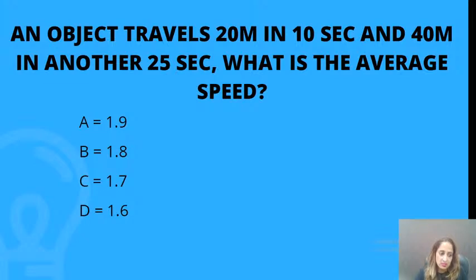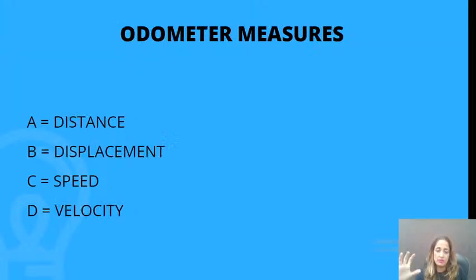All right. Let's move on to the next one. Odometer. What does an odometer do? Does an odometer measure distance, displacement, speed, or velocity? Tell me, what does it do?